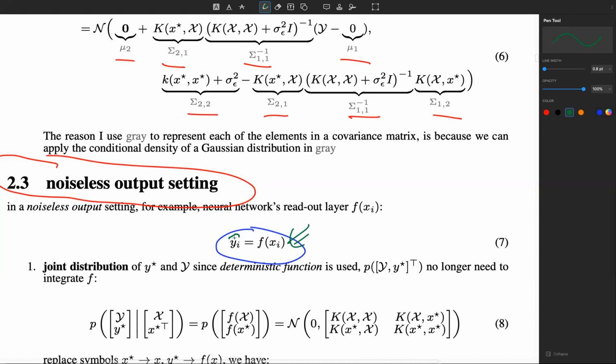Can anyone see the relationship between Gaussian process and neural networks? What did I say about neural networks? W, X, right? And then you have another W, like W2 and W1 and so on, right?